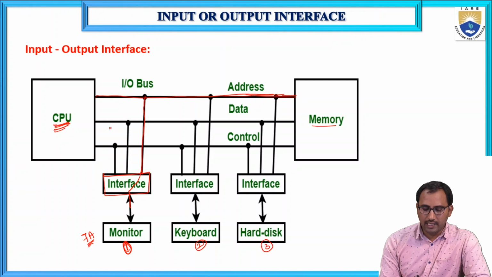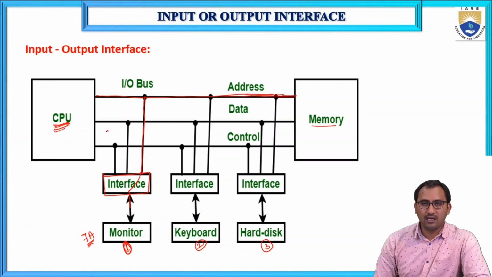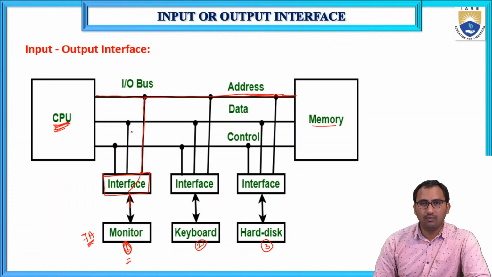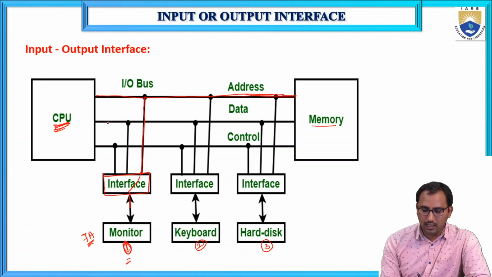Similarly, for the data: when the addresses are matched, the IO interfacing circuit will make a path between the CPU and the IO devices. Whatever data is to be transferred happens through the data bus.